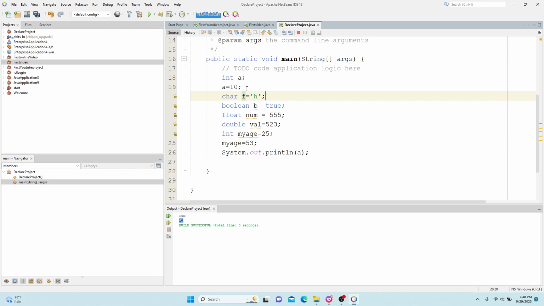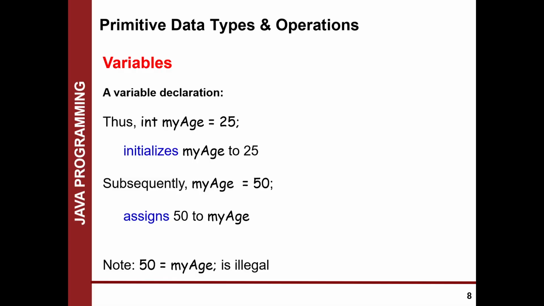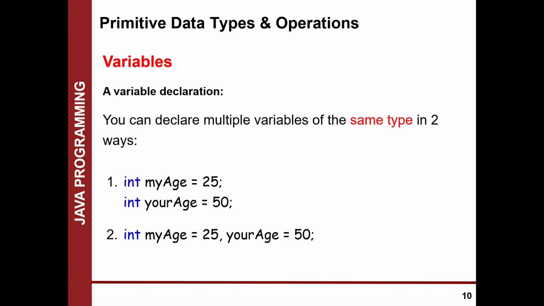So let's go back to our slide and try and explain. So we've learned how to declare it. Now we move to, so this is one way that we can do if you want to declare variables with the same data type, multiple variables with the same data type.